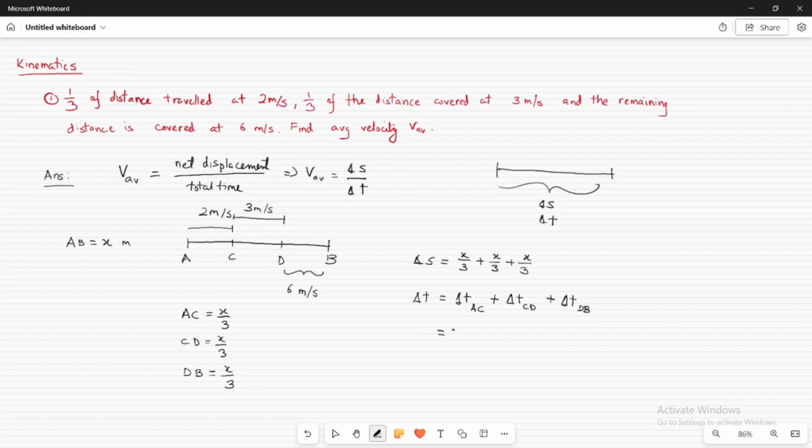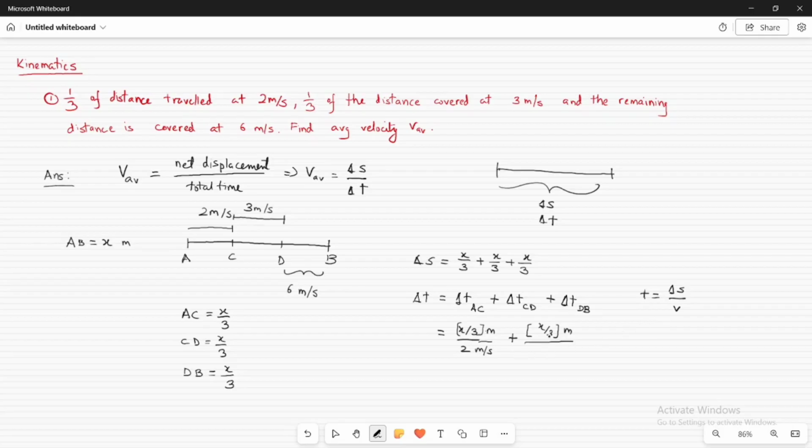Now time taken to cover AC: the displacement of AC is x by 3, and the velocity is 2 meters per second. Plus the time period required to cover CD, one third of the distance, is x by 3 meters divided by velocity, because time equals displacement by velocity.